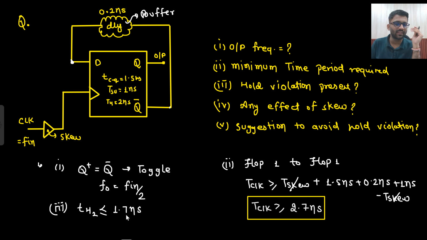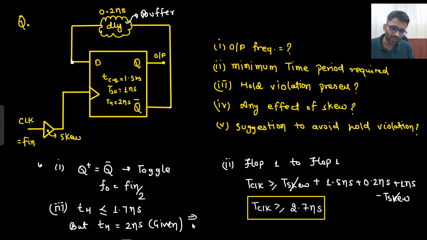Your T hold should be less than 1.7 nanosecond. But why am I writing TH2? Only one flop is there now. So TH should be less than 1.7 nanosecond. But TH is equal to 2 nanosecond. That is given. So yes, there is hold violation.